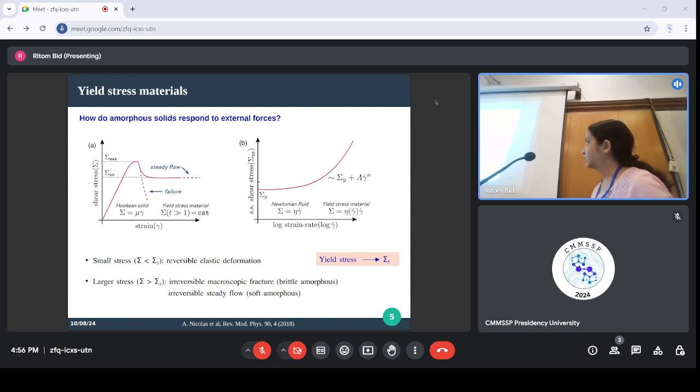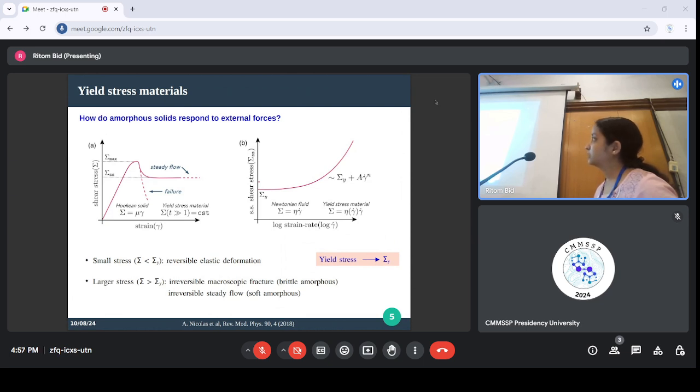This yield stress is the maximum amount of stress that the system can sustain without any plastic deformation. If the applied stress is below the yield stress sigma y, then it shows reversible elastic deformation. And if the applied stress is beyond sigma y, then either it shows irreversible macroscopic fracture if it's a brittle amorphous, or if it's a soft amorphous, then it shows a steady flow.